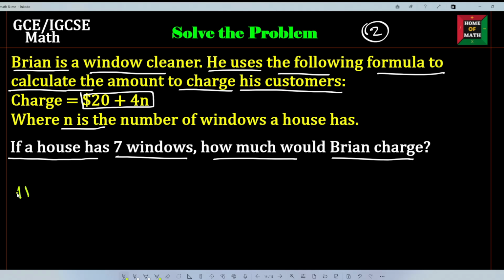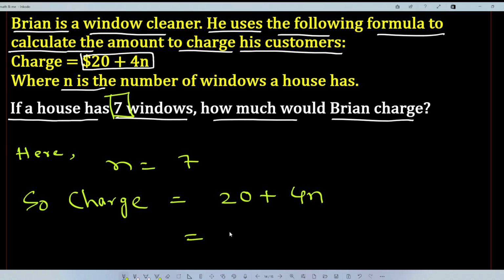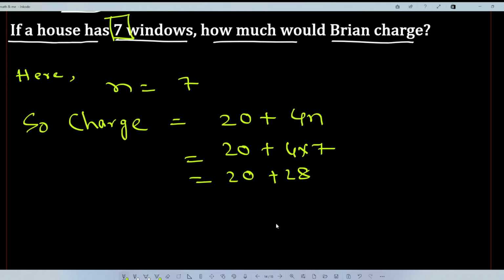So here n equals 7, the number of windows in the house. So charge equals 20 plus 4n. So 20 plus 4 times 7, 20 plus 28, because 4 times 7 means 28.